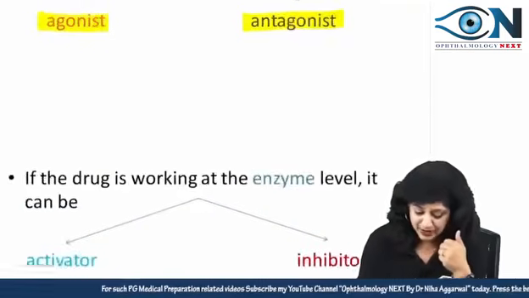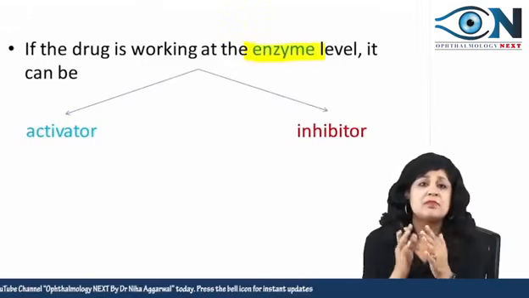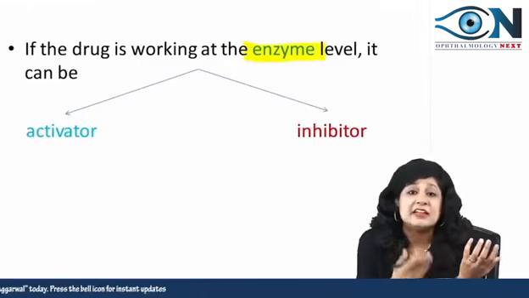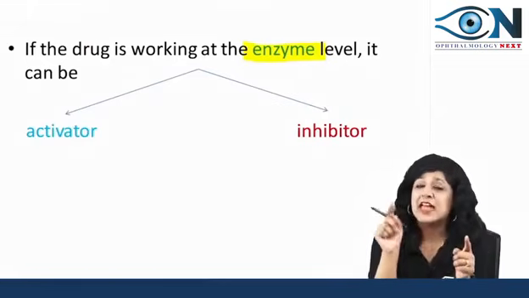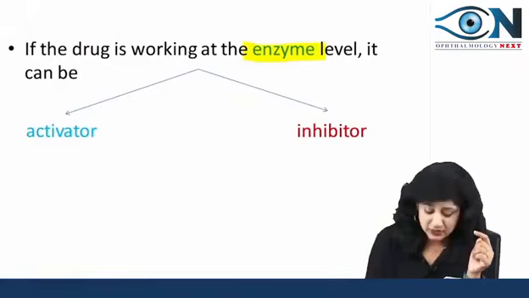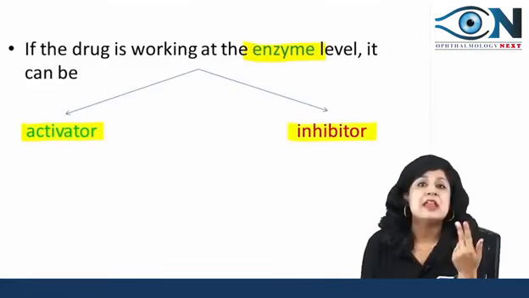Now if the drug is acting at the enzyme level, either it can activate it or it can inhibit it. So either we have the agonist and antagonist, or here we have either the activator or the inhibitor, right?